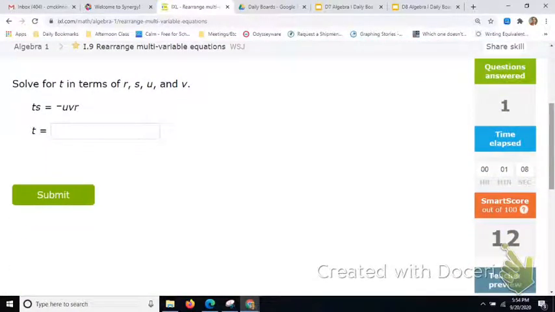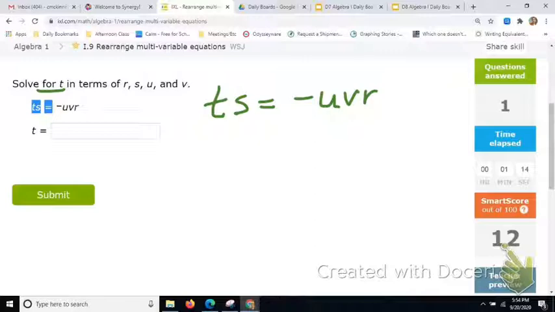And in this case, they want us to get T by itself. It's because it says solve for T. In terms of the rest of that stuff, just means those are still going to be in the answer. So when I look at this, I need to think what is still with the T, the S. So we're going to need to divide by S. And then T will be by itself.